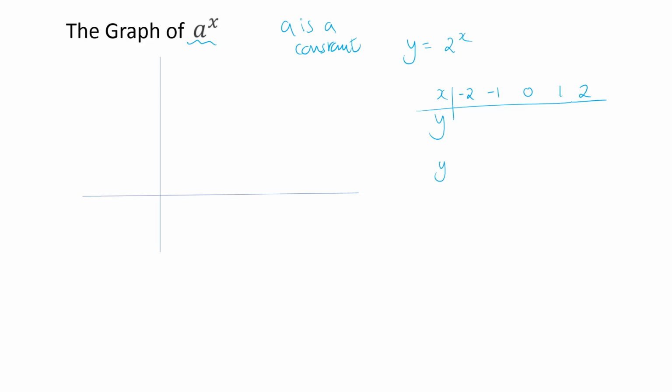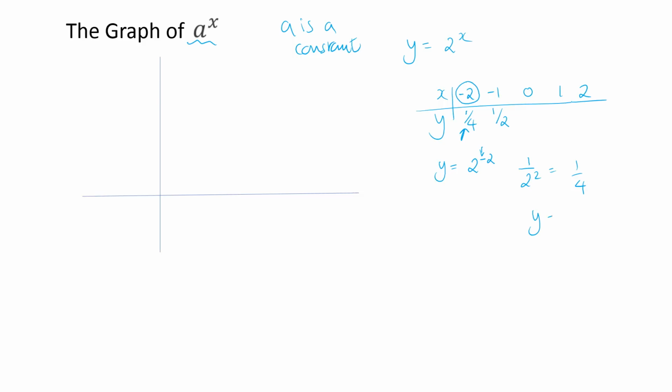If we've got y equals 2 to the -2, this minus here just means it's going to be underneath, and it's going to be 1 over 2 squared, which is a quarter. So you can see even when the x's are negative, the y value is not going to be negative, because that minus, when it's in the power, is just going to put it underneath. So 2 to the -1 is going to be a half.